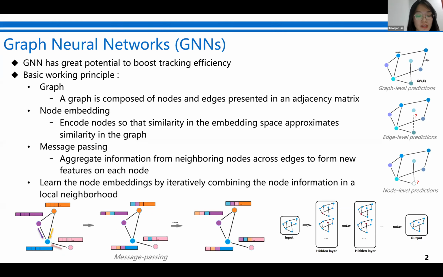This is the basic idea of GNN. We learn those embeddings by iteratively combining the node information in a local neighborhood. GNN provides node level, edge level, and graph level predictions, and we use hit classification GNN.